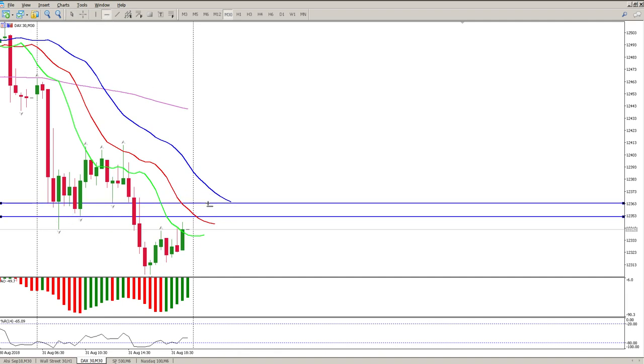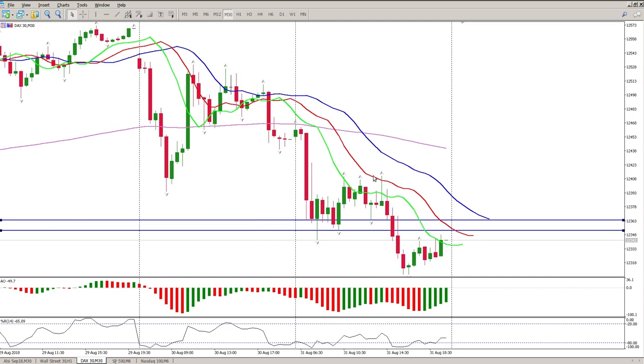Okay, so for me to change my mind that the trend is up and not down at the moment, we're pretty much going to have to get above this level of 12,400. Okay, so for now, we're probably going to gap down ever so slightly, I would assume, if I just look at Asia at the moment.